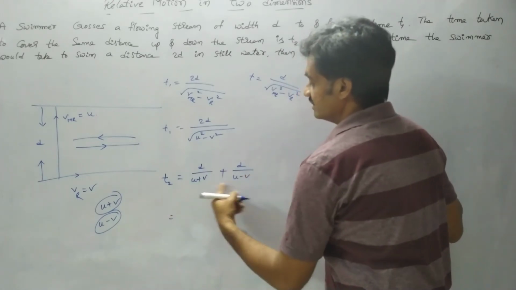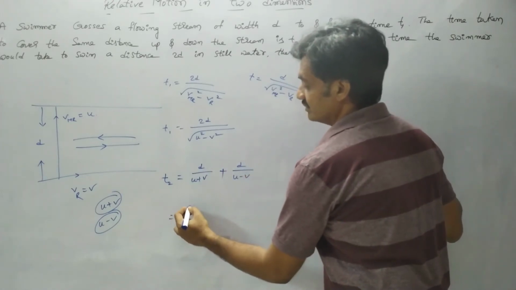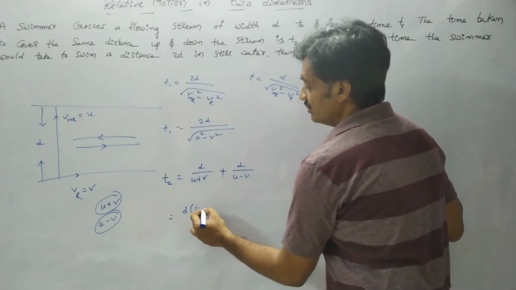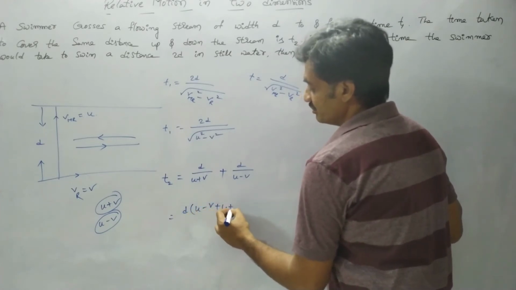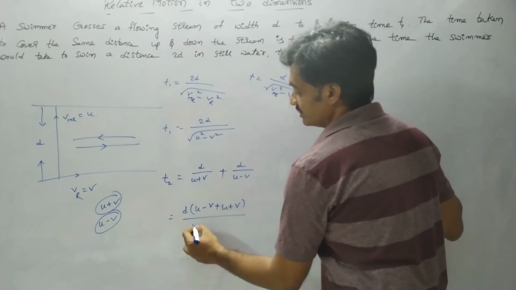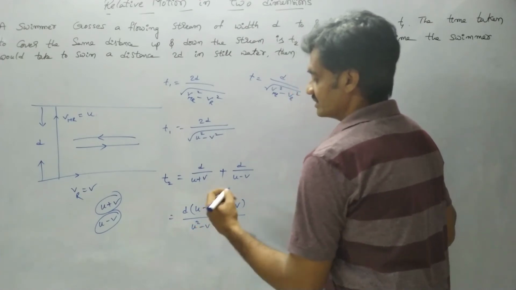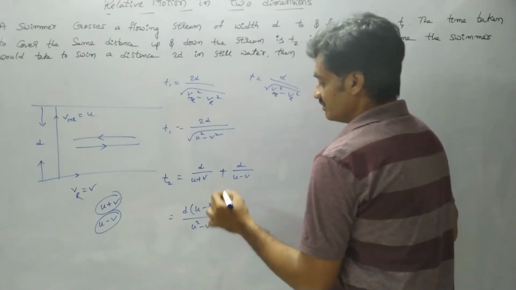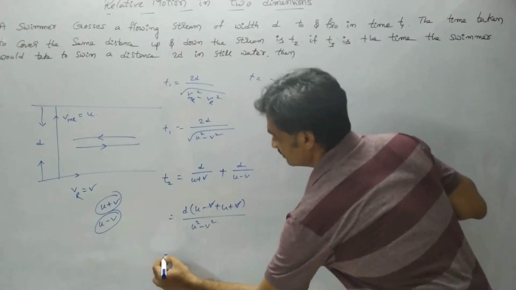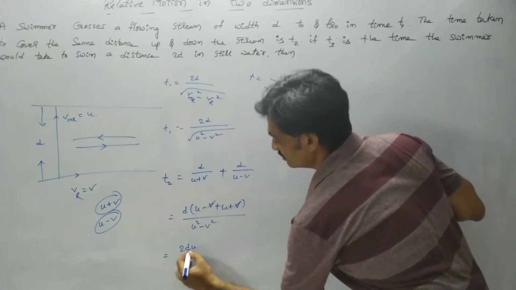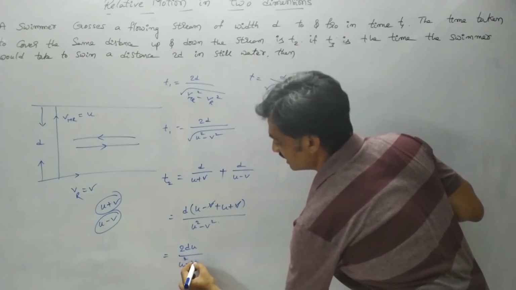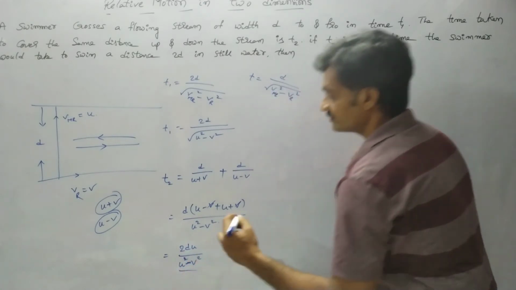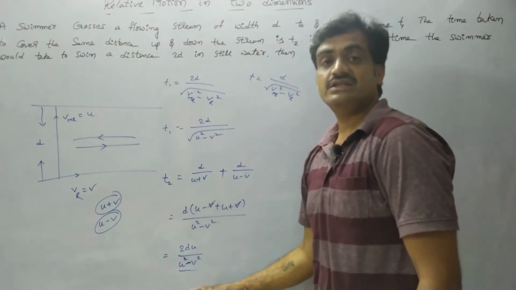As we do the LCM, we have d into u minus v plus u plus v by u square minus v square. Observe that minus v plus v gets cancelled, and we have 2du by u square minus v square. Now we have represented T2.